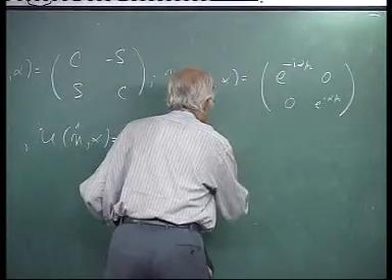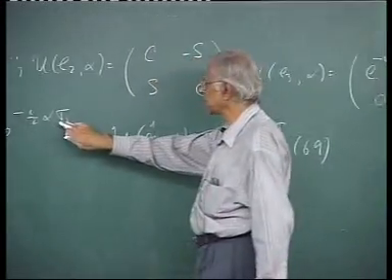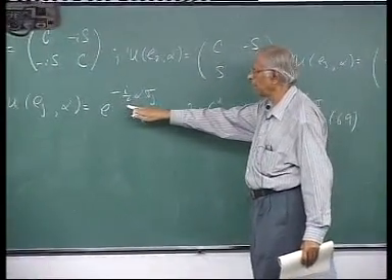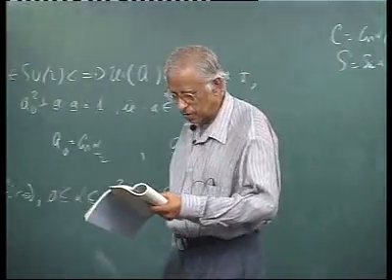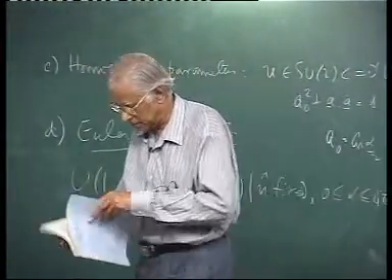So we say that the Pauli matrices with a factor of half are the generators of the defining representation of this group.